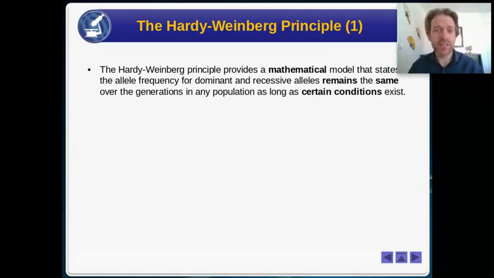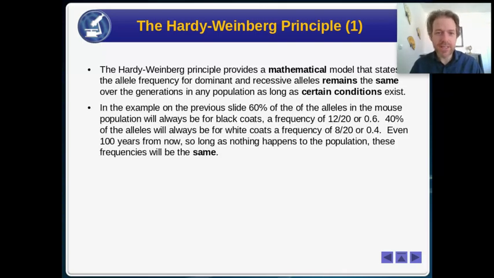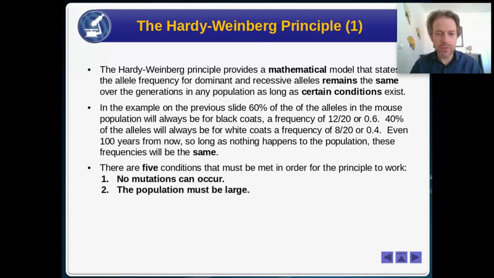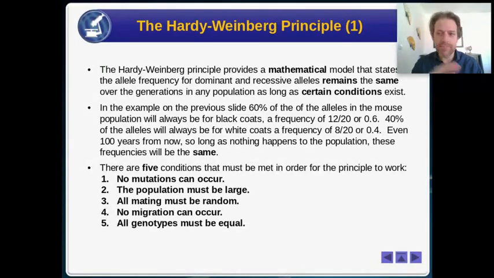Again, this statement is this idea that an allele frequency will remain the same as long as certain conditions exist. Okay, we listed those. These are slightly different to how I would have told you them in class. Might be slightly different to how they're written in your textbook. But ultimately, you need to remember a couple of these. I always say that the one I remember is random mating.